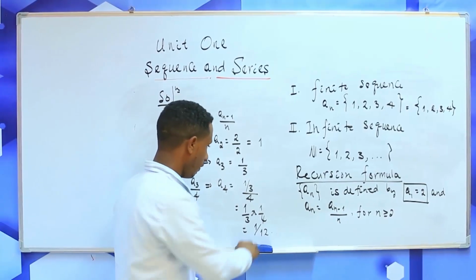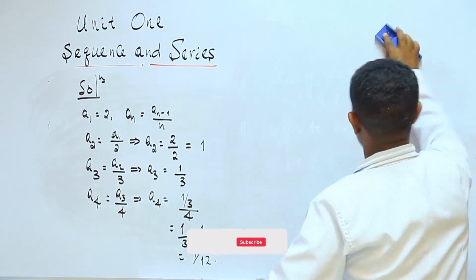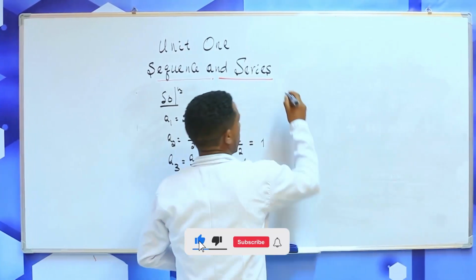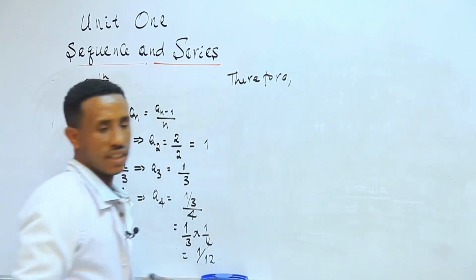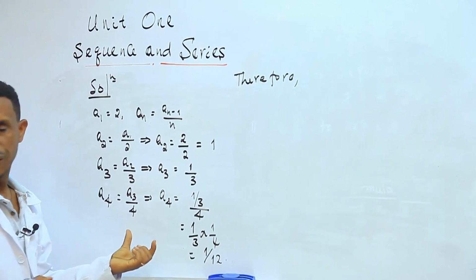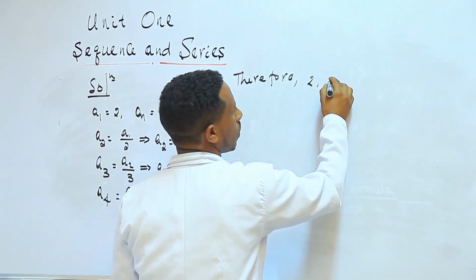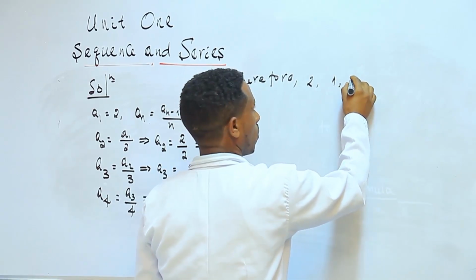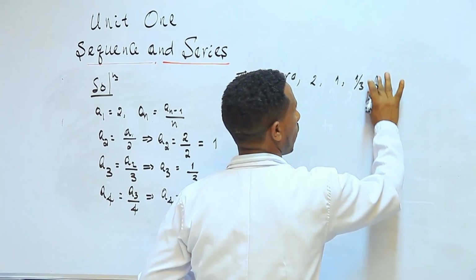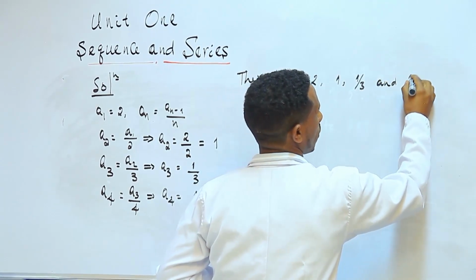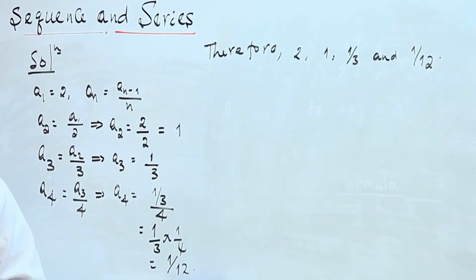Okay? Very good. So, therefore, the first 4 terms of this sequence are 2, 1, 1 over 3 for A3, and 1 over 12 for A4. Very good.